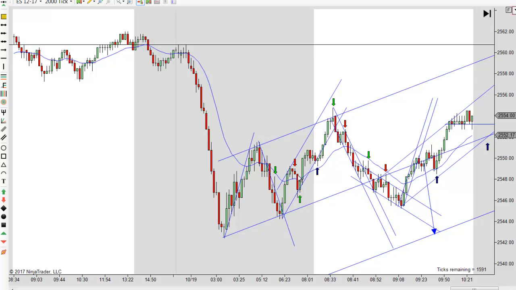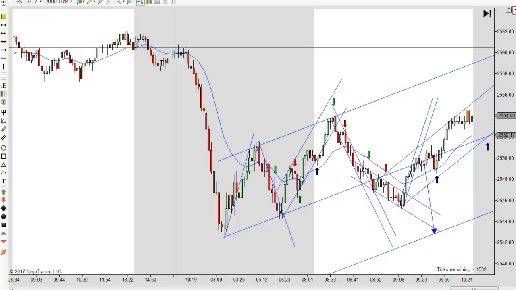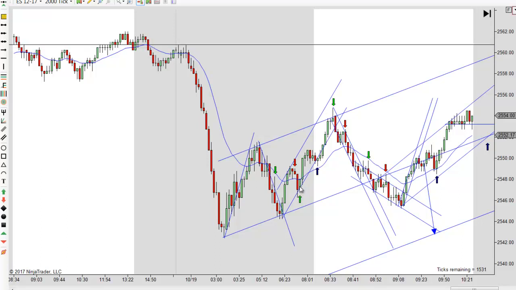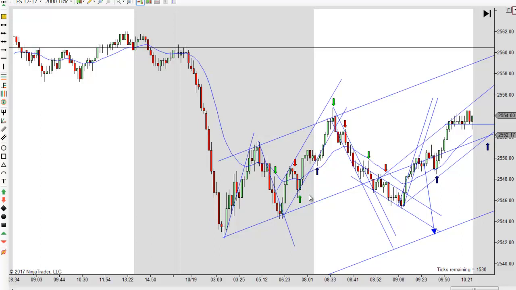This is really your signal bar, but you could argue for this one, going long one tick above that, and your stop still has to go below this bar though. And so you have to have enough room there. If you don't have enough room, just like we talked about on this one over here, then you don't want to enter there. And then it's still a little bit aggressive too, entering there, because it's just a first entry.